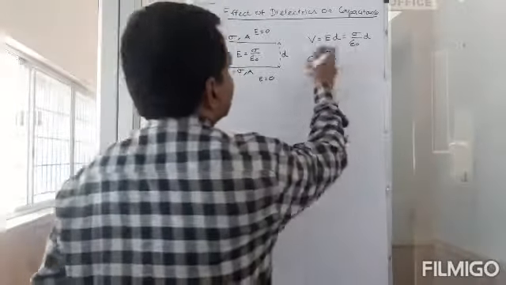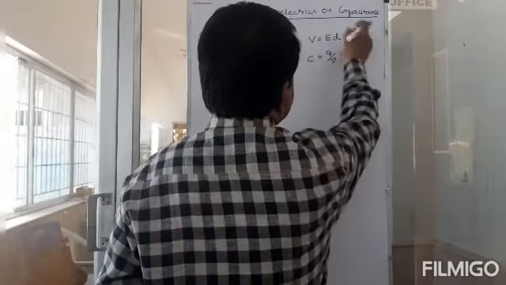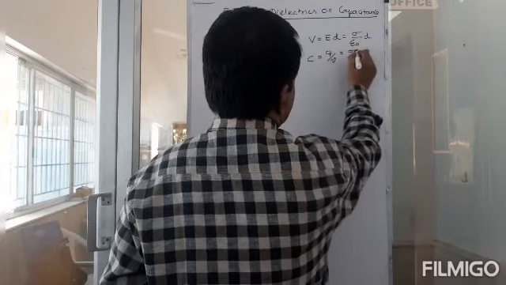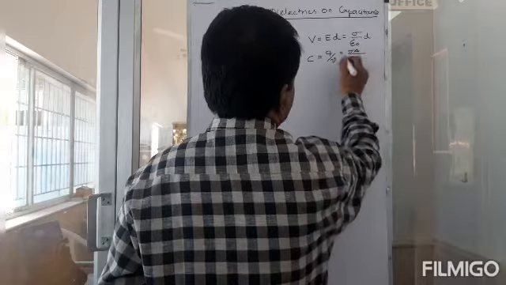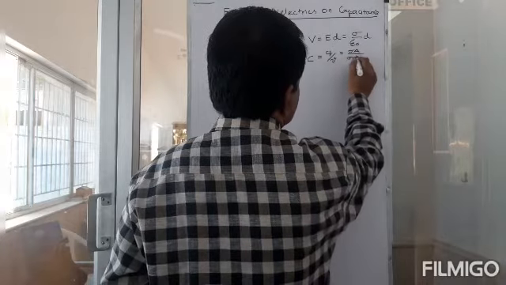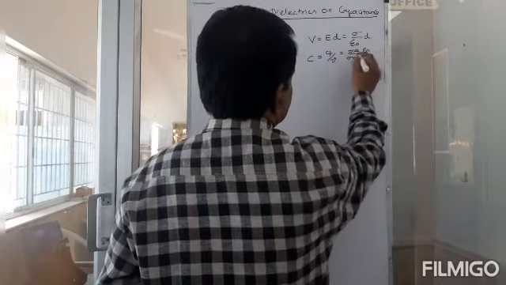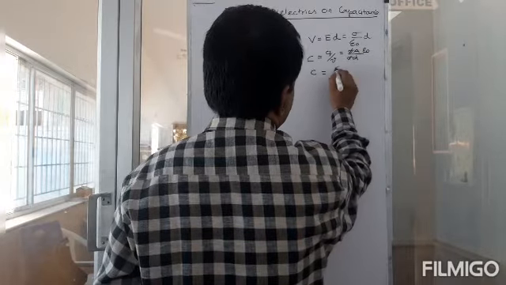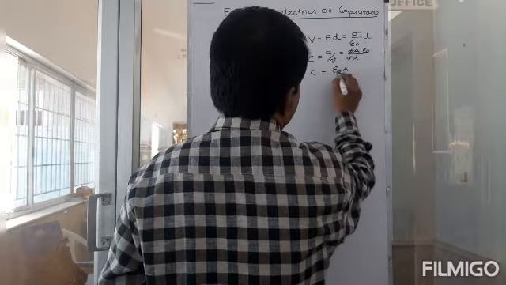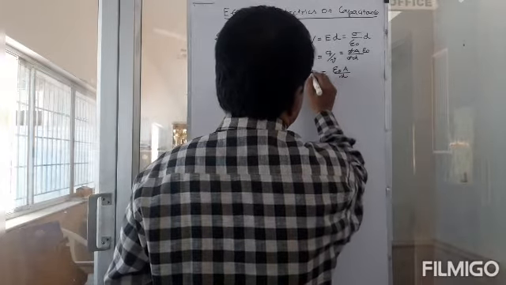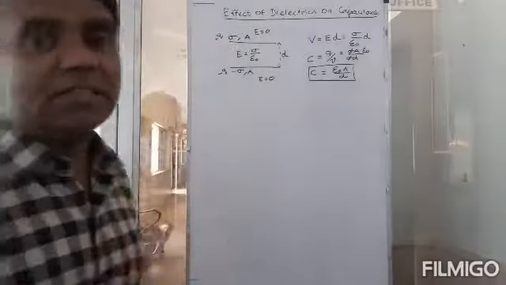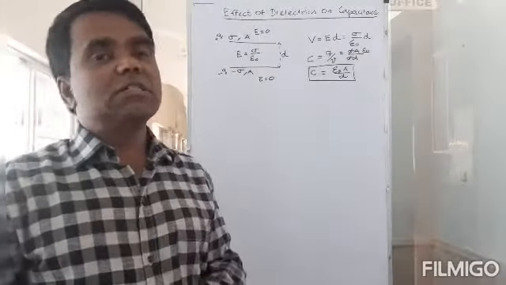When I manipulate this equation, instead of Q, I take sigma A, and for V, I take sigma D by epsilon naught, and epsilon naught will go up. Sigma will cancel, and I get this expression, epsilon naught A by D, as the capacitance. So this is what we did in the previous video.